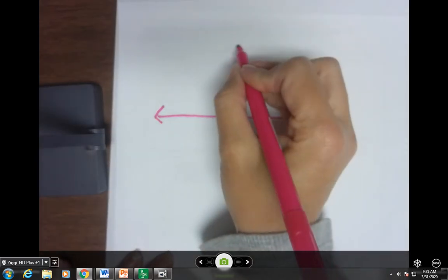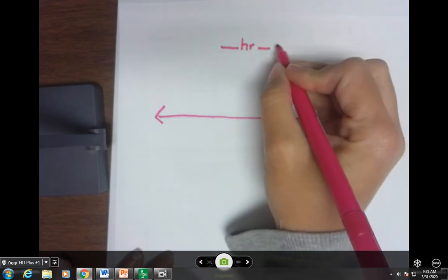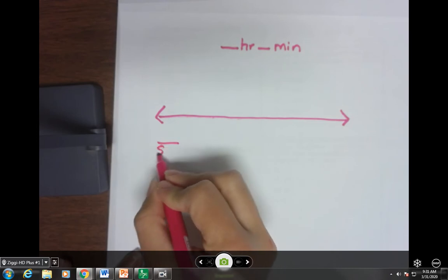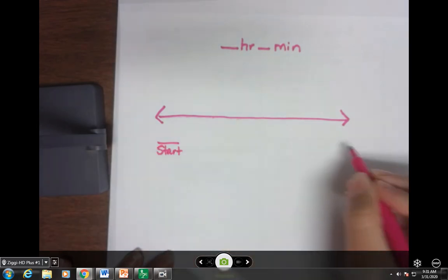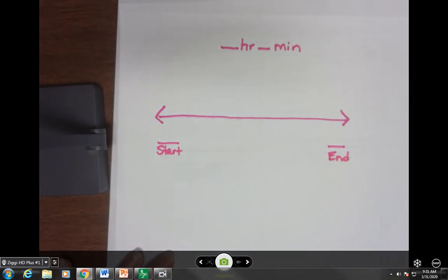Remember, we put our elapsed time up here, in the form of so many hours and so many minutes. And down here, we put our start times and our end times. So go ahead and get yourself a piece of paper or something to write on and get that number line set up. If you need to, pause the video for a second, and then we'll go back and look at our problem.